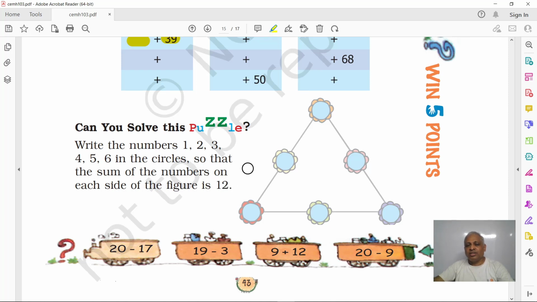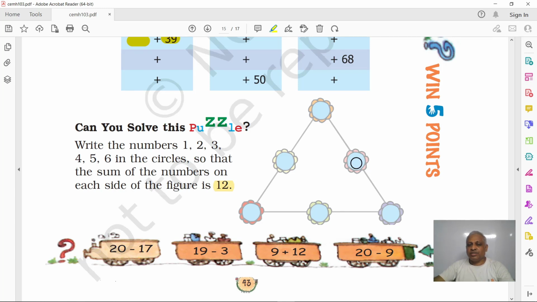You got it? Like if you write 3 here, okay, 4 here, 3 plus 4 is 7, and to get 12, how much do you need? 5. So 3, 4, 5, if you write, the total will be 12. Okay, so what will you write here?